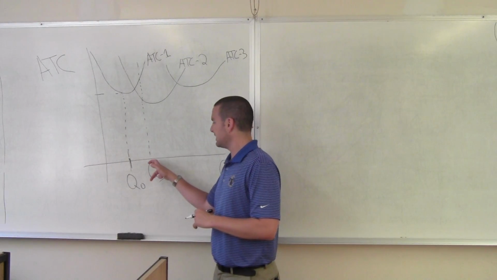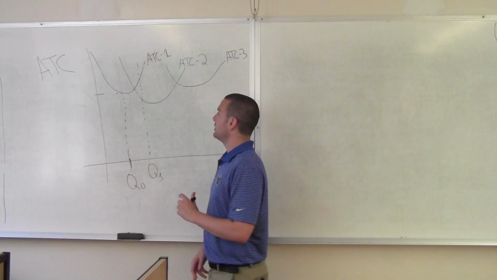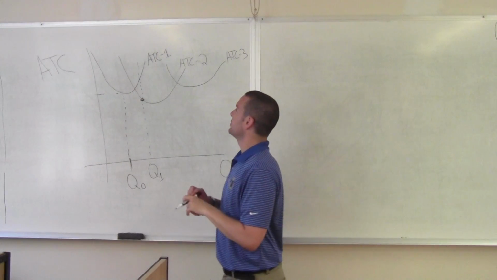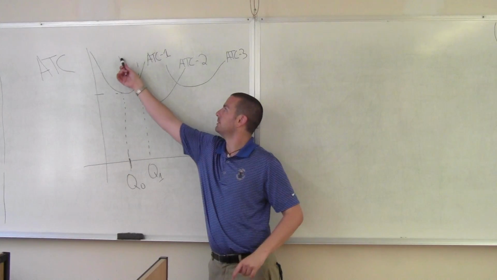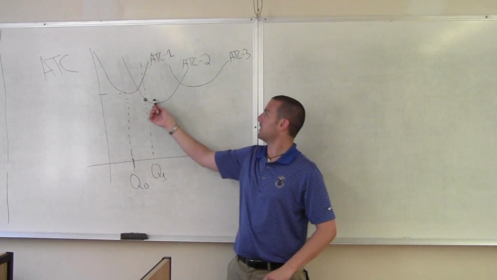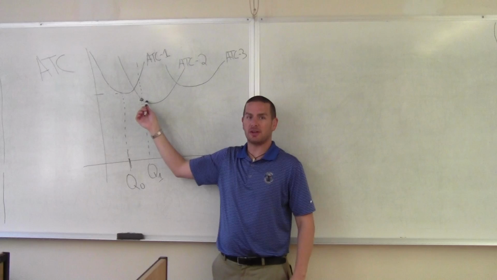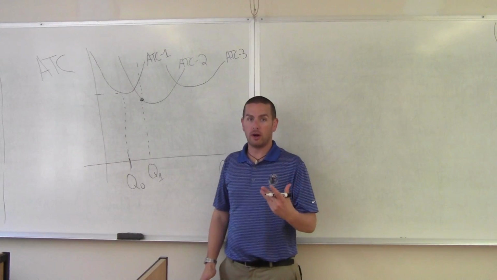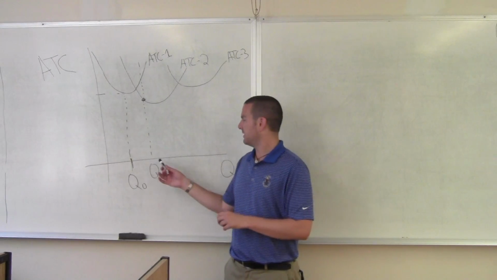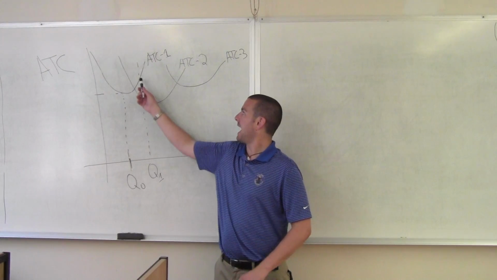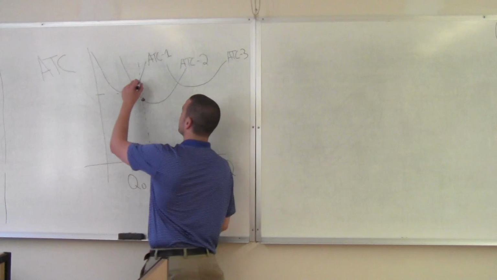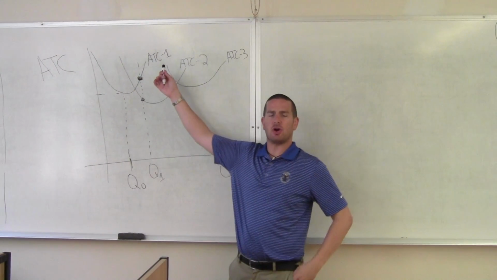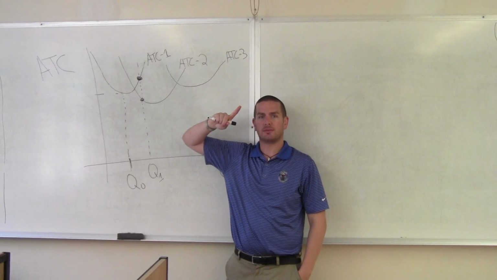So if you want to produce this quantity, you can choose to produce at this cost, which is on ATC2, or they could produce this quantity at this cost on average total cost curve 1.